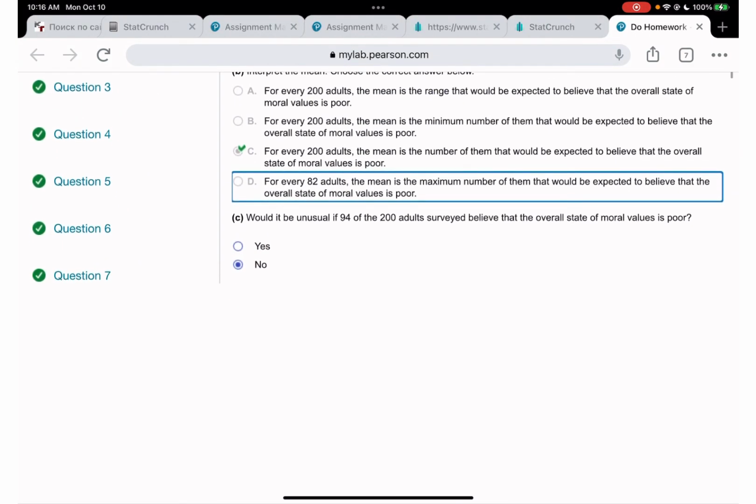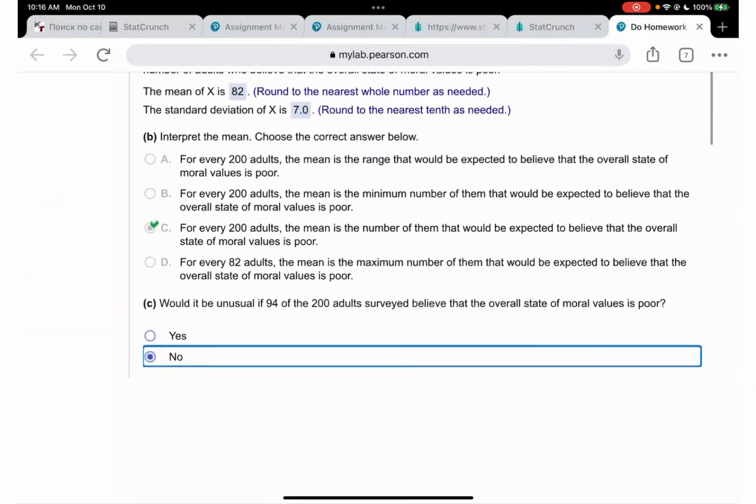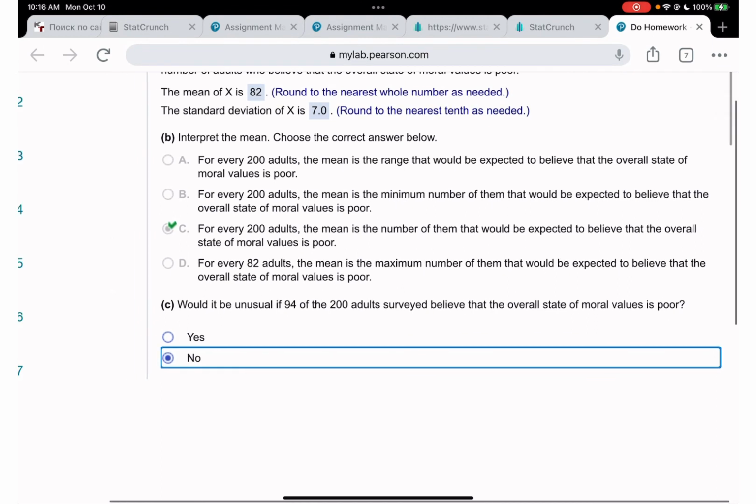Since average was how much, was our 82? Yeah, average is 82. So no, it's not unusual, because standard deviation is 7, meaning 7 times further than it should be. That's what it means.